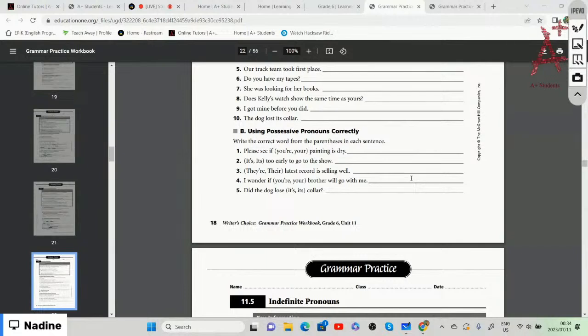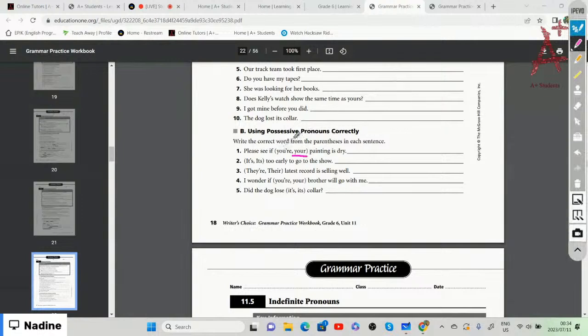All right, so we're going to underline the correct one, which is your. Remember, the one with the apostrophe basically stands for you are, so that is not the correct one. So just your, not the one with the apostrophe.